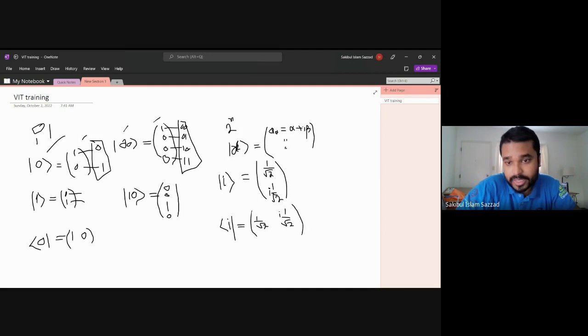And finally, I said we have to take the complex conjugate. So the complex conjugate of I, this is complex, I have to make a conjugate, and it should be minus I actually.